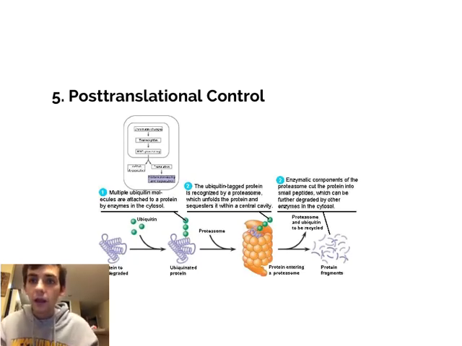And this tag is going to allow an enzyme known as protease to recognize it. Protease is an enzyme that is found in something called a proteasome. The proteasome contains proteases, which can then break down that tagged protein. So this allows us to control how long a protein stays in existence within a cell.